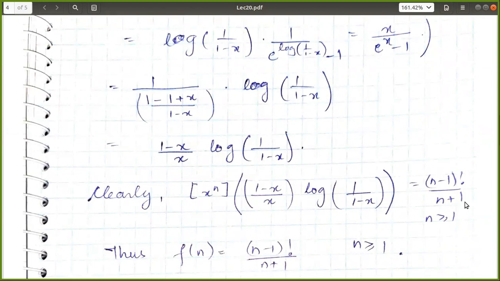Like, we could have done the ordinary power series generating function also, right? But that wouldn't have been this easy. You can always start with the ordinary generating function.